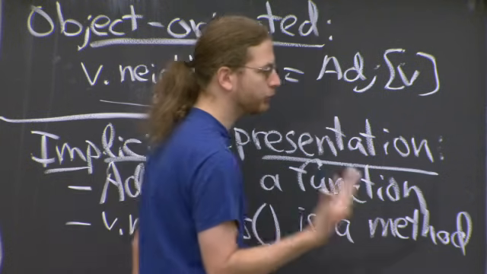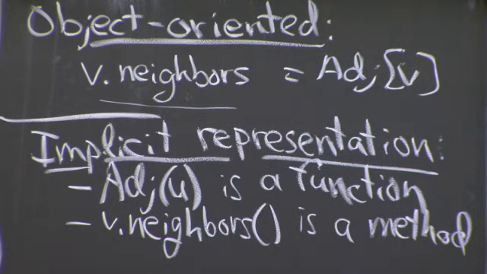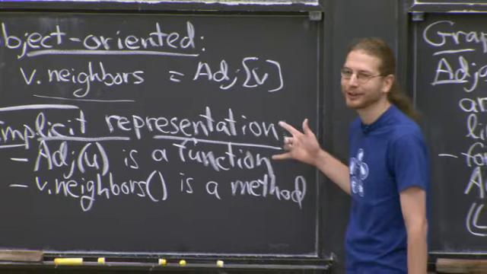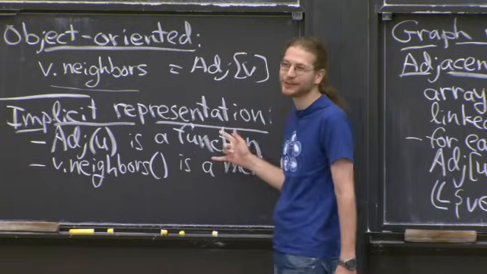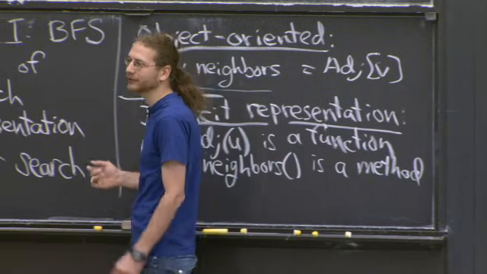Meaning it's not just stored there explicitly. Whenever you need it, you call this function and it computes what you want. This is useful because it uses less space. You could say this uses 0 space, or maybe V space, one for each vertex.